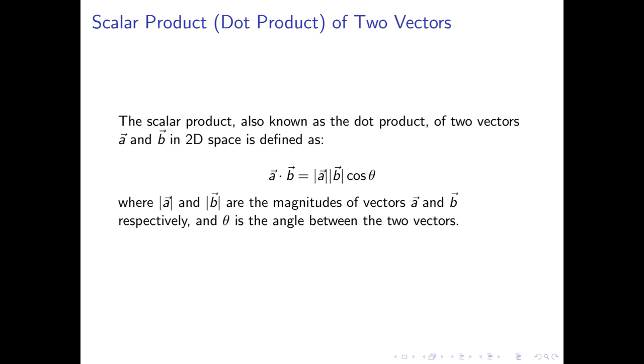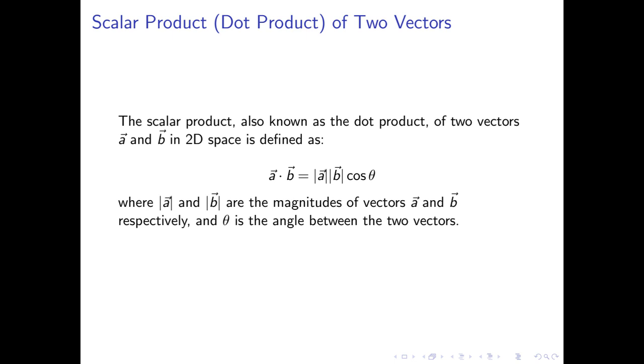You have the dot or the scalar product way, and then you have the cross product way. All right. So this dot product is what we're dealing with now, and I would interchange the word scalar product with dot product. Please, they mean the same.